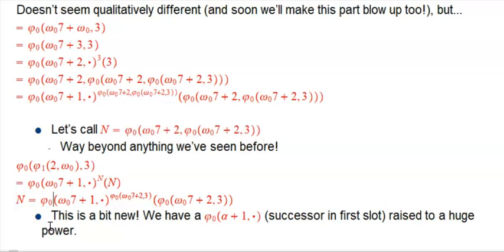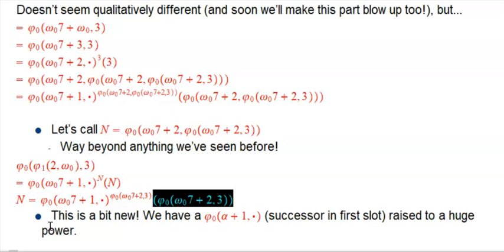Well, but then that's going to unpack as some more stuff at the phi naught 7 plus 1 level. So that's our new friend, the phi naught 7 plus 1 level function. That's going to be iterated this many times. So that's a not crazy value of the phi naught 7 plus 2 level on itself.